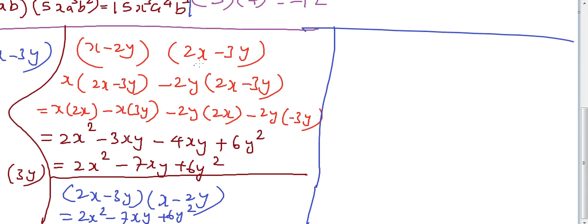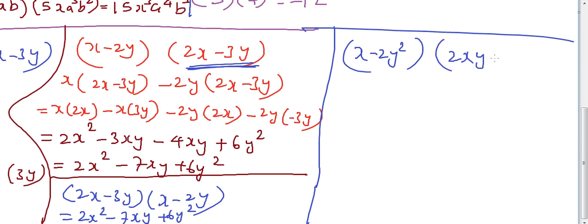And it need not be a linear polynomial. It can be anything, any higher order powers can also be there, but the procedure is the same. For example, x minus 2y square, into 2xy minus 3y cube, something like this.